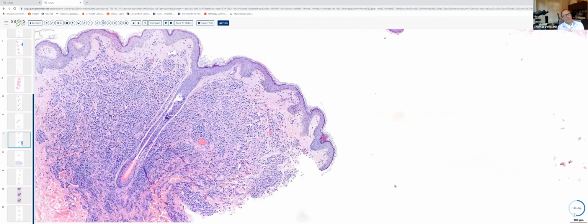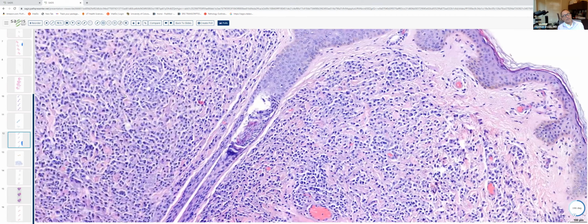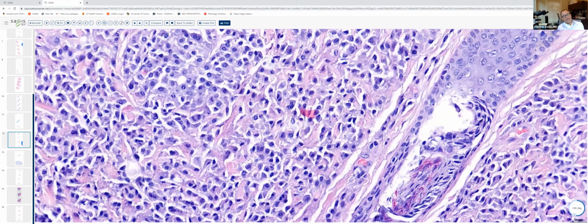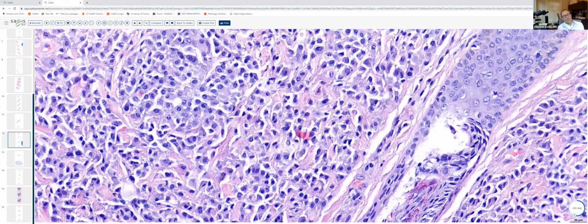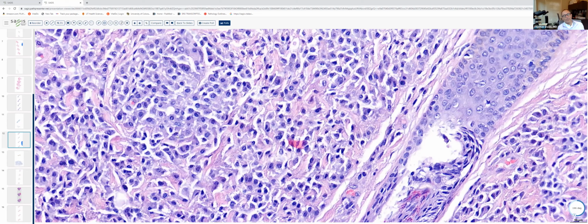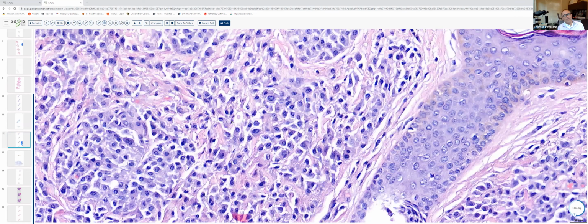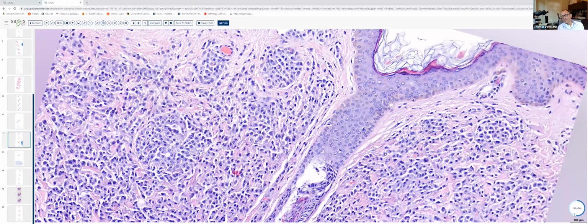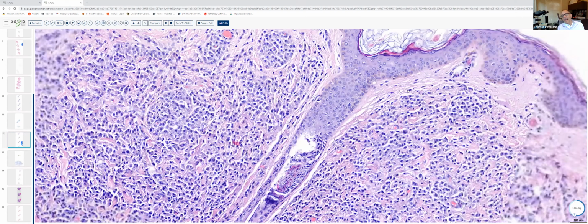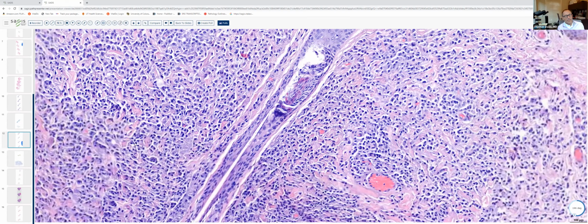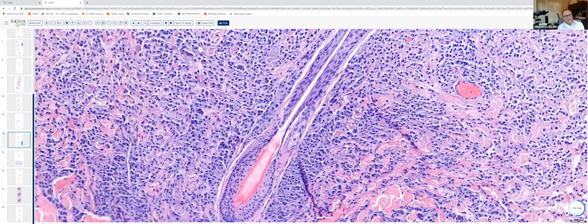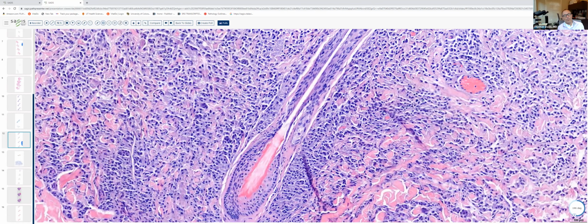If we move to higher power, however, we can see that these cells have round to oval nuclei. They have fairly abundant pale staining cytoplasm, and there is a little bit of granularity to the cytoplasm here. Also, there's not a lot of maturation with depth, and in areas there were a few eosinophils admixed with these cells.